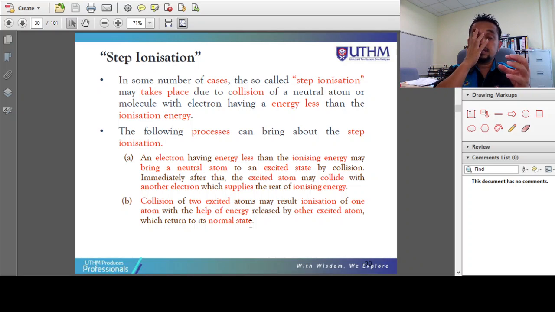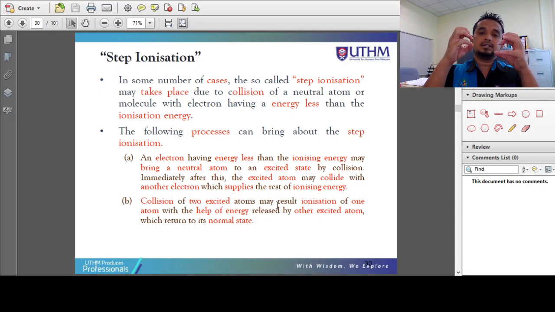Imagine a simple case: once you bounce, the electron within the molecule will start to vibrate a little, and then you bounce again with another molecule, and you start to vibrate again. The multiple collisions between the molecules will eventually, after a series of collisions, have enough energy to trigger the ionization.